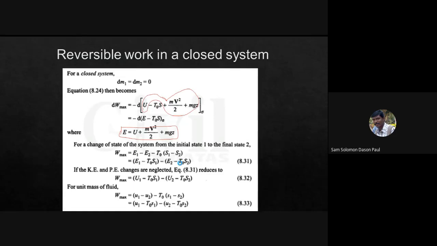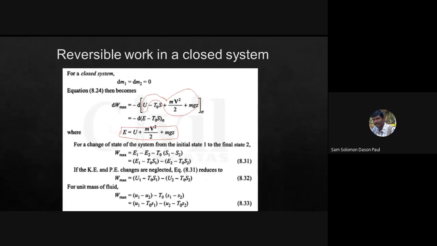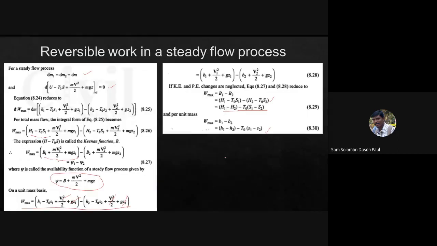In the previous case it was H1 minus H2 minus T naught times S1 minus S2. In this case, it is E1 minus E2 minus T naught times S1 minus S2. Very simple, right? If the kinetic and potential energy changes are neglected, W max is simply U1 minus U2 minus T naught times S1 minus S2. In the previous case it was in terms of H. So if it is an open system, it is in terms of enthalpy; if it is a closed system, it is in terms of internal energy.